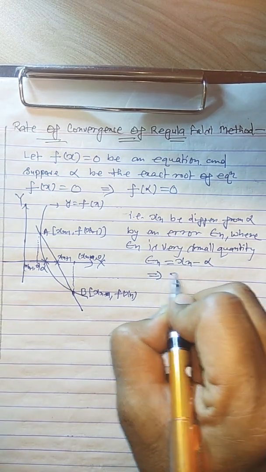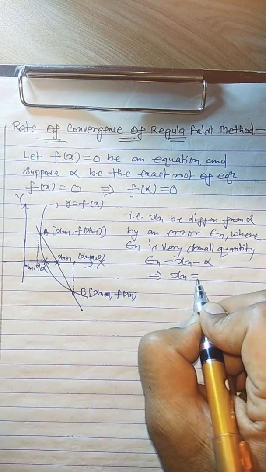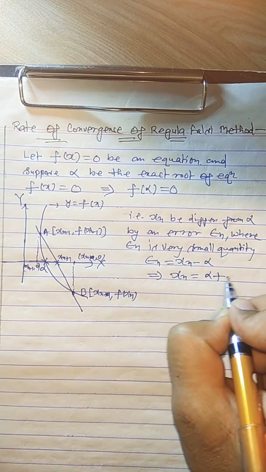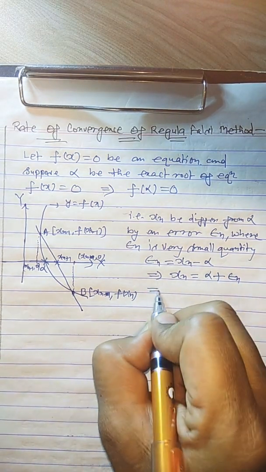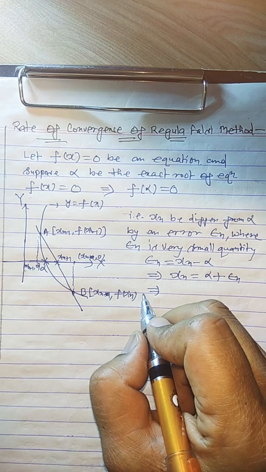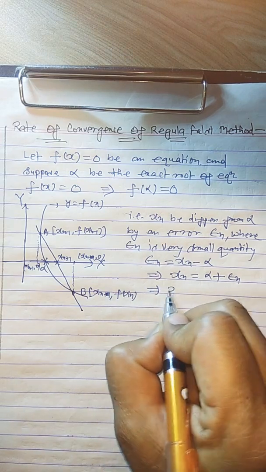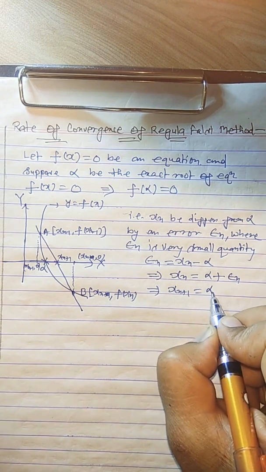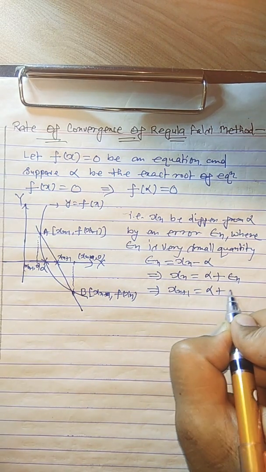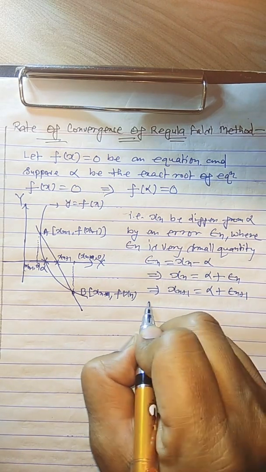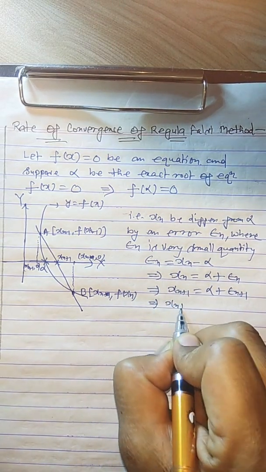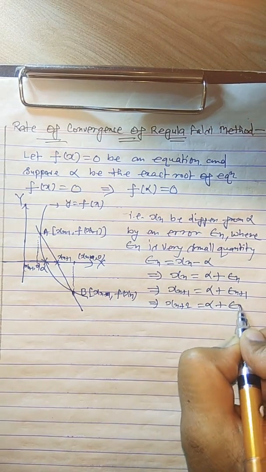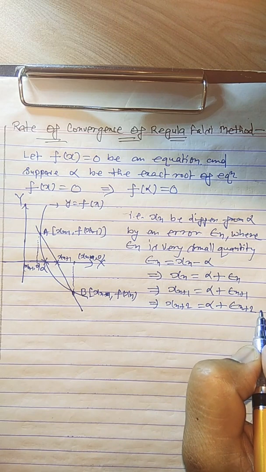We can write it equivalently xn = alpha + epsilon n. Also we can write x(n+1) = alpha + epsilon(n+1), and x(n+2) = alpha + epsilon(n+2).